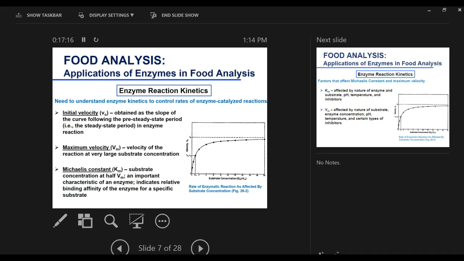So I'm going to draw this again. V0, and then here's your substrate concentration. And then I have this. So this is Vmax. This is half Vmax.